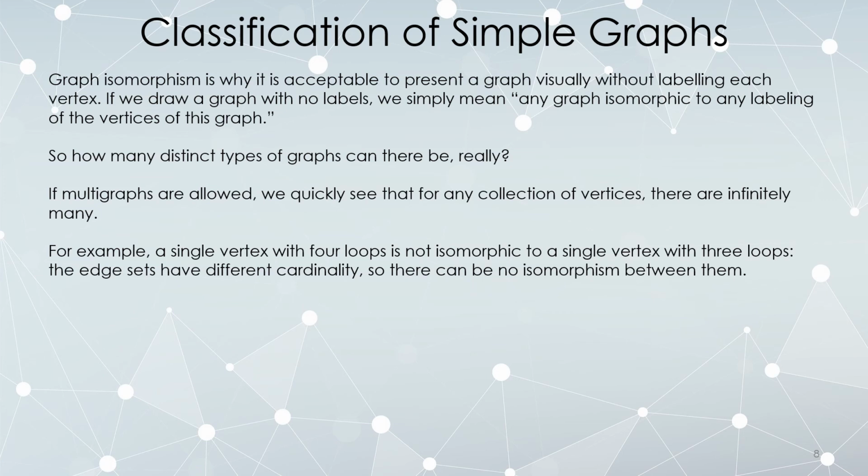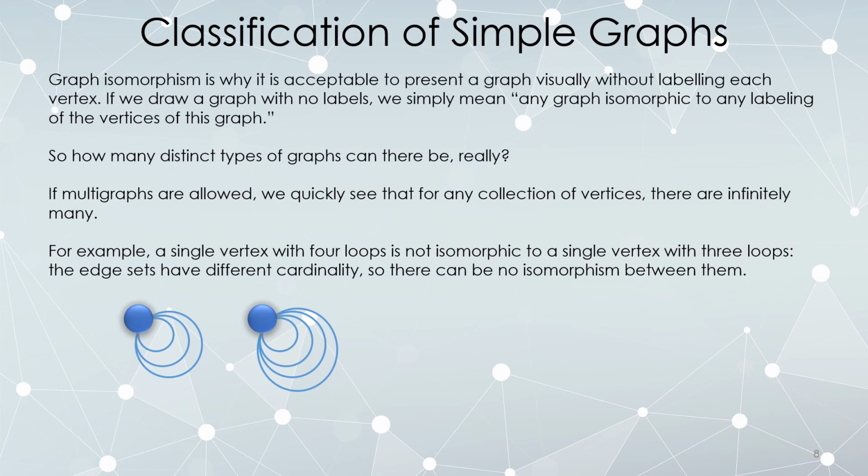So even with one vertex, if you're allowing multigraphs, a single vertex with no loops, with one loop, with two loops, with three loops, and so forth, none of those are isomorphic to each other. So even with a single vertex, there's infinitely many different equivalence classes under that equivalence relation of being isomorphic. Okay, so if we have multigraphs and we ask just how many equivalence classes are there, infinitely many, just immediately.